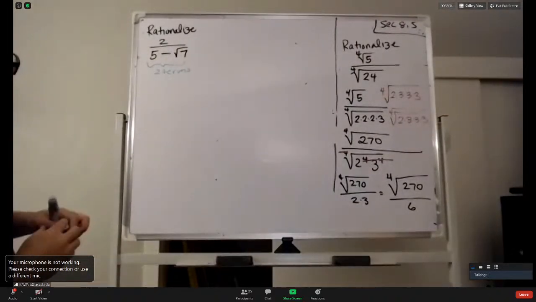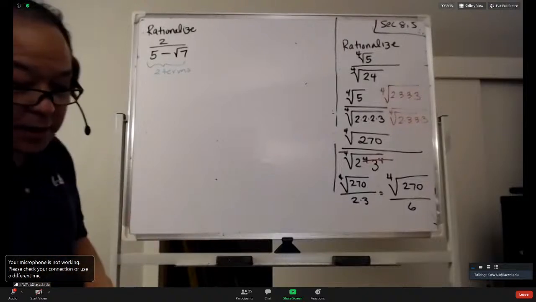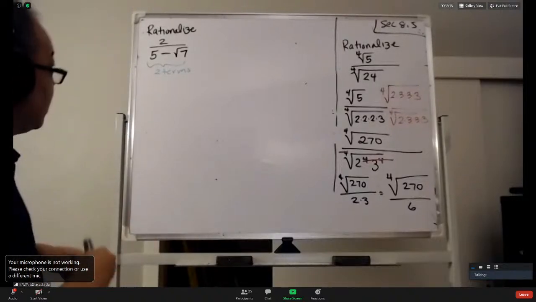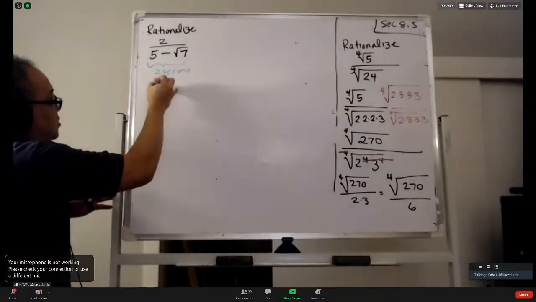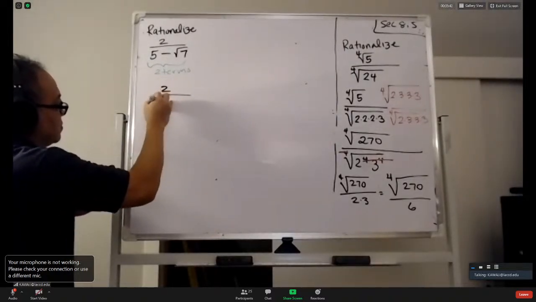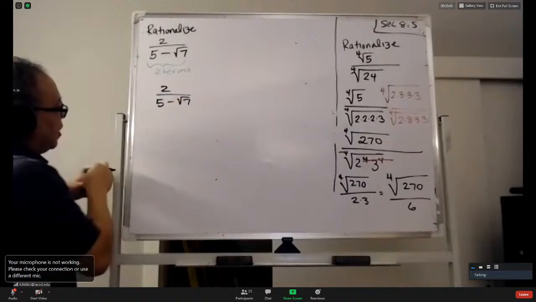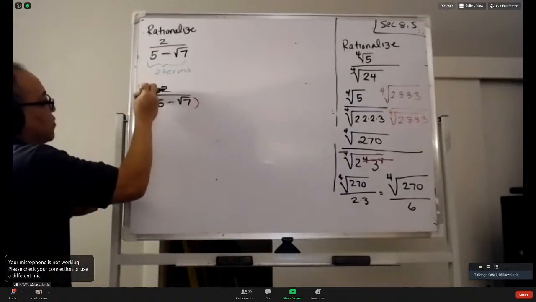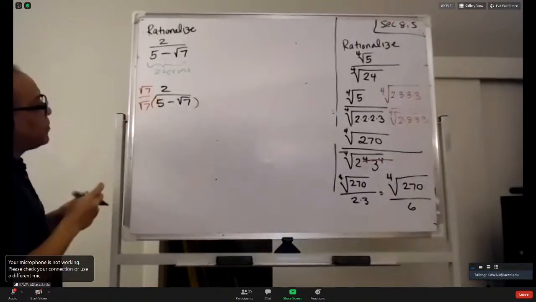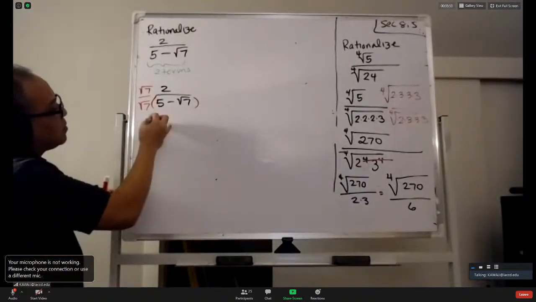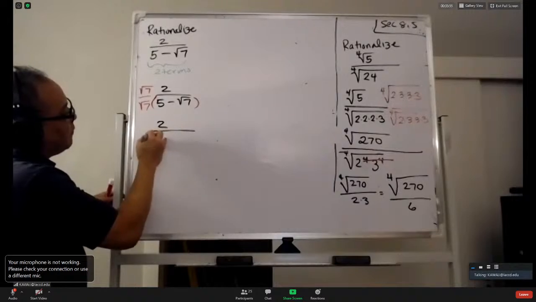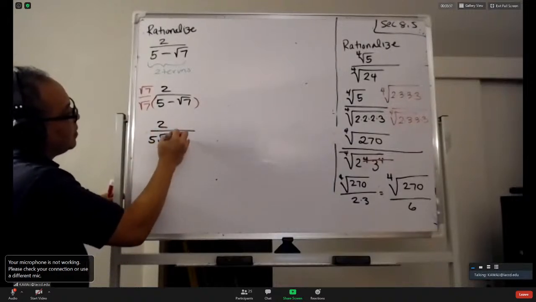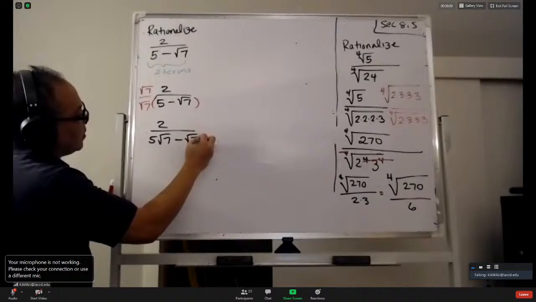Okay. Now don't copy this, I'm going to do it incorrectly. Okay. Let's say we use the same strategy. And what I decided to do was multiply both sides by square root of 7. Okay, don't copy because this is wrong. So this will go 2 over 5 square root of 7 minus square root of 7 square root of 7.